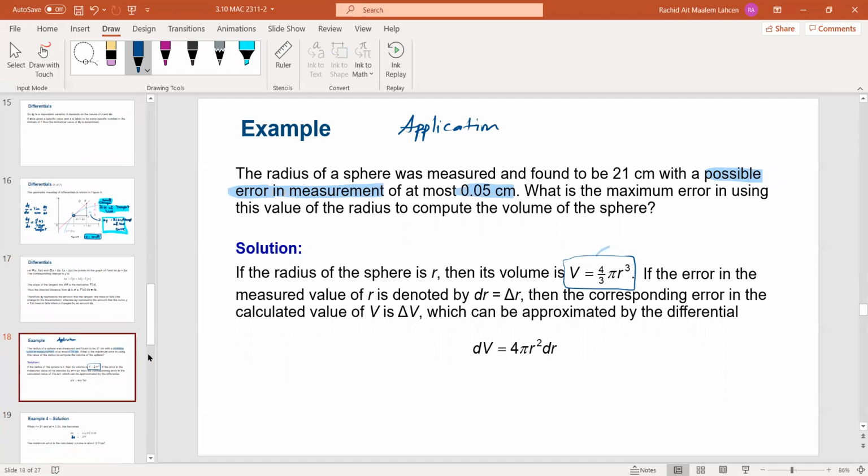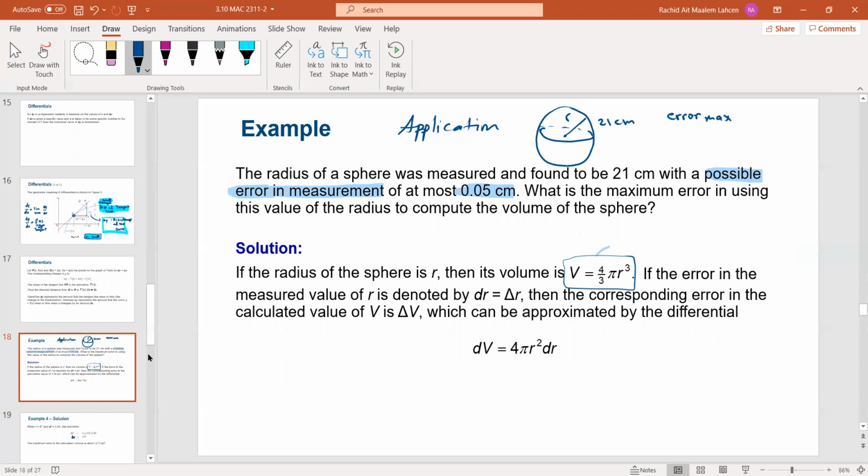We saw the sphere in related rates, but now we'll talk about it in a different sense. Let's say you have a sphere, and the radius is measured and found to be 21 centimeters, with a possible error that is at most 0.05.